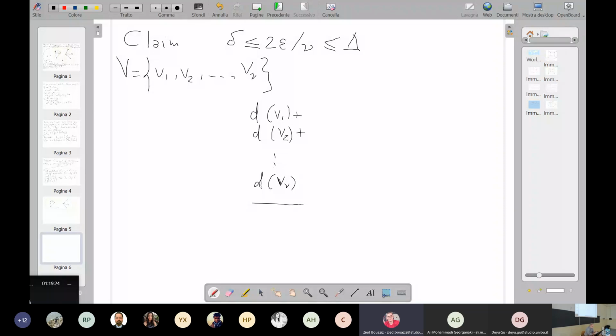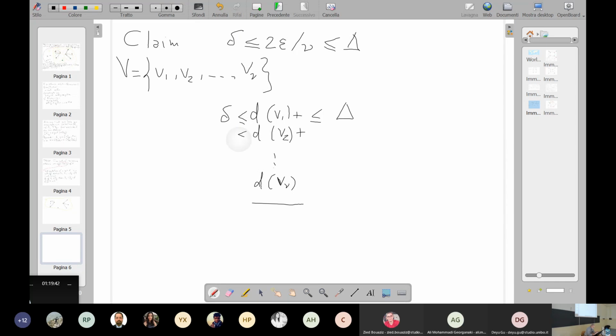Now, what can I say about the degree of V1? Surely it is greater than or equal to small delta and less than or equal to capital delta. No problem about that.